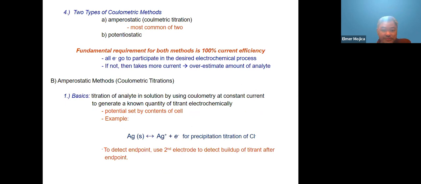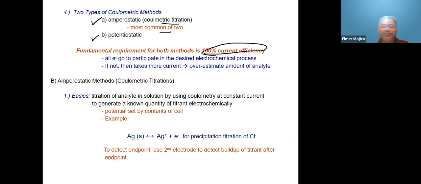Now there are two types of colorimetric. Meron tayong tinatawag na amperostatic and potentiostatic. Now, the amperostatic is the most common among the two because that's your colorimetric titration. Now, there's a fundamental requirements for both methods. Ito yung tinatawag na 100% current efficiency. Okay? So what does it mean?